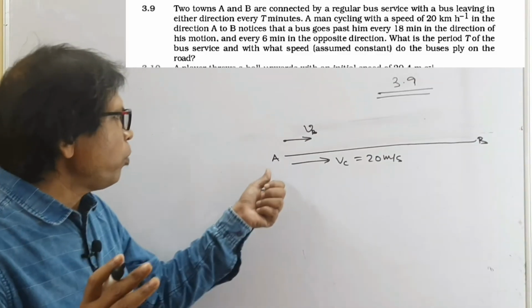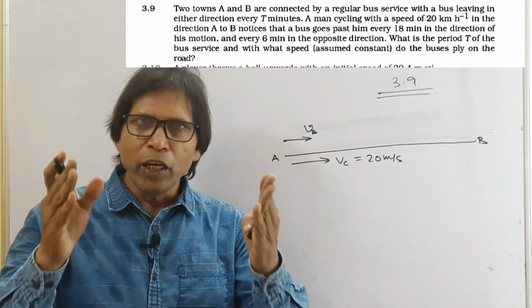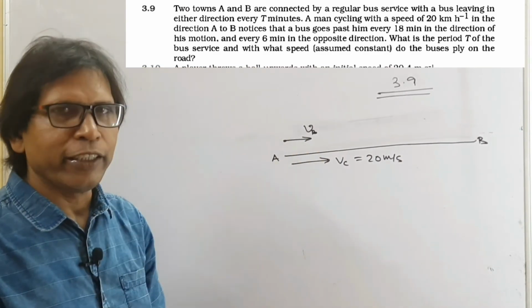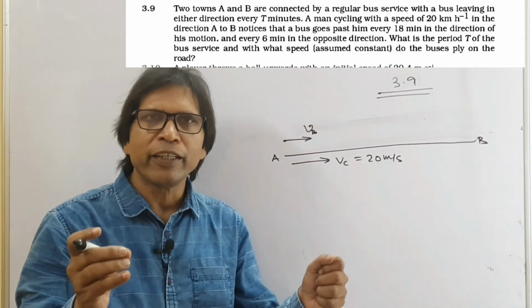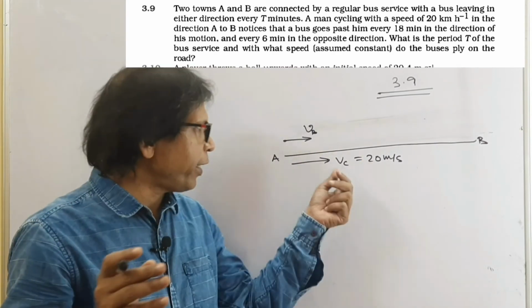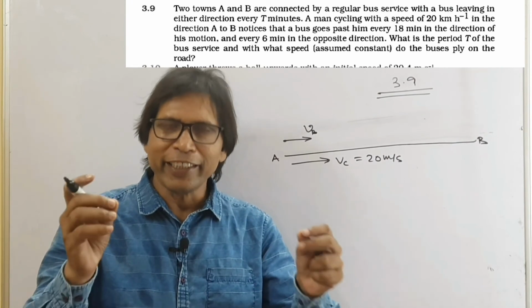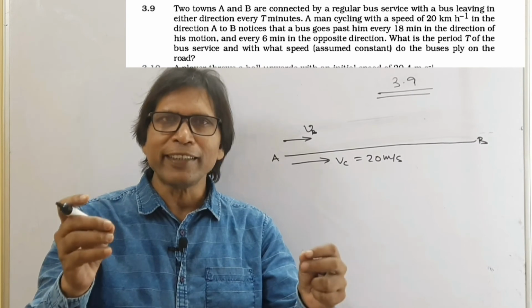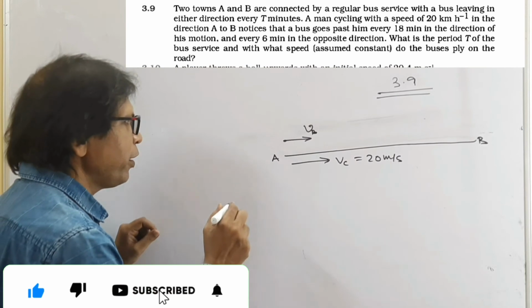Okay. Now between town A and B, a regular bus service runs at a time interval of capital T from either side. A cyclist moving from A to B observes that the bus behind him overtakes every 18 minutes and the bus in front meets him every 6 minutes. Find the velocity of the bus and the time period of the bus service. Now look at this.